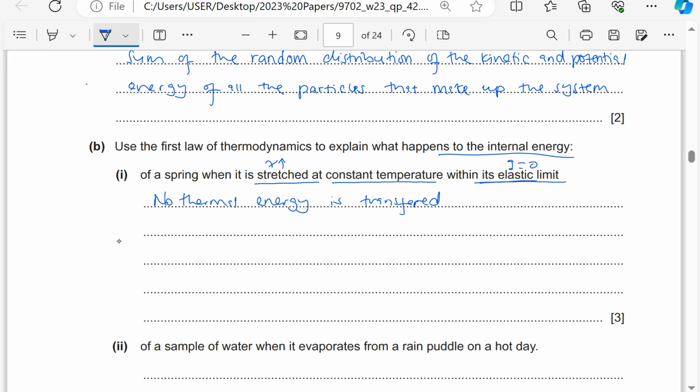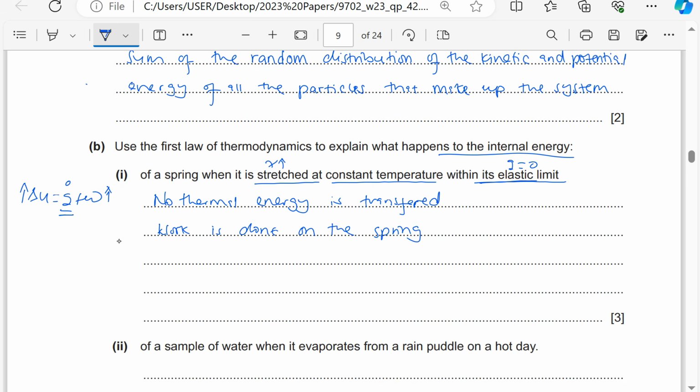Okay. And let me look at the equation. Change in internal energy is Q plus W. So Q is 0, but W increases because the material is being stretched. So the internal energy increases.